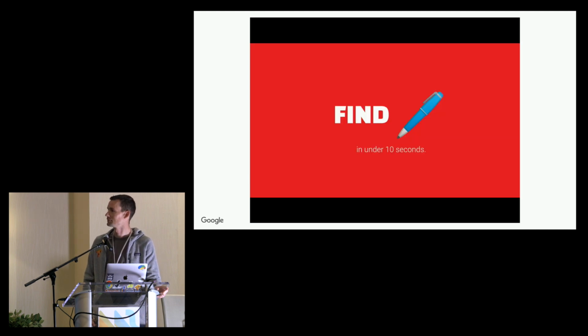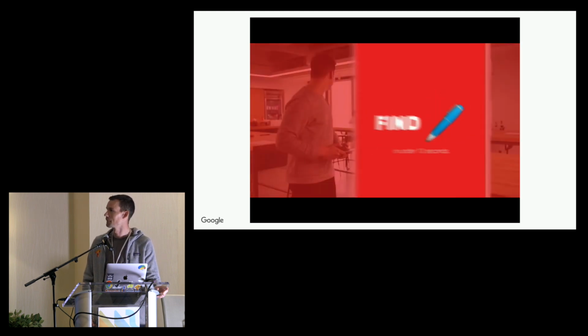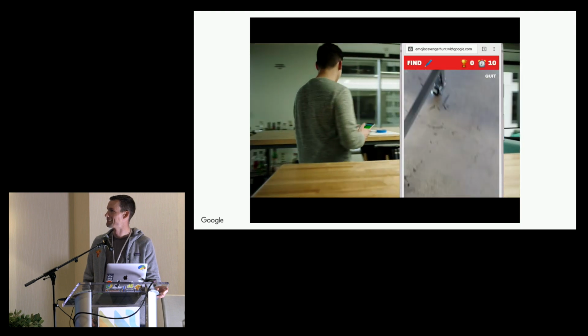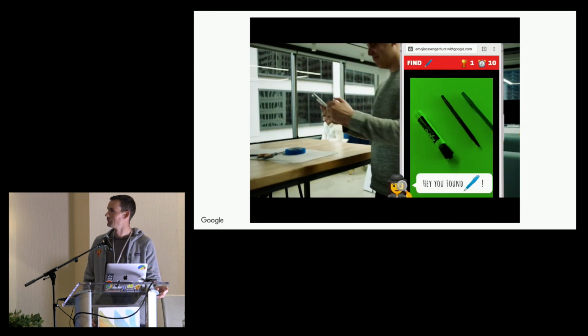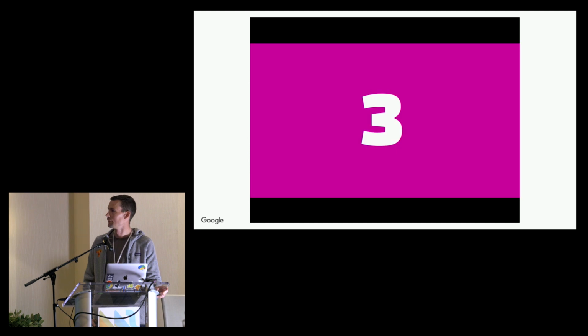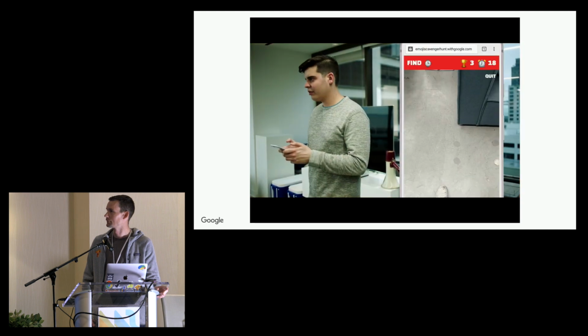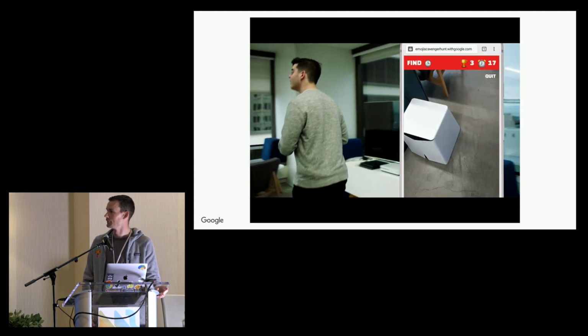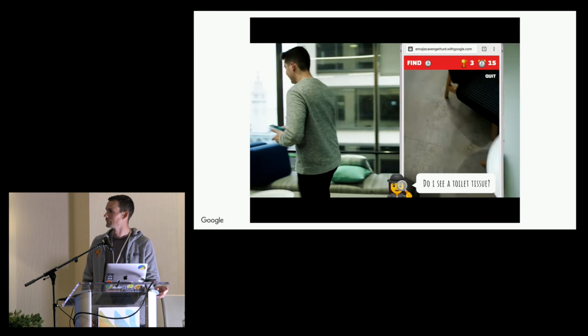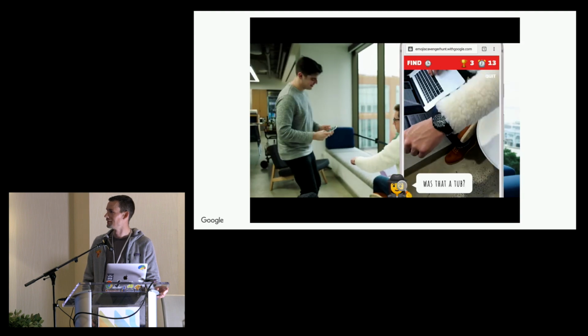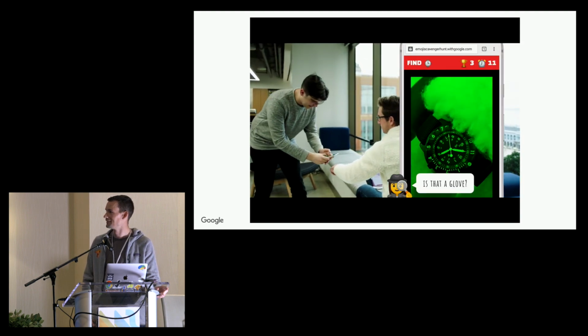We show you an emoji. Use your phone's camera to find it before the clock runs out. Hey, you found pen. Find it in time, and you advance to the next emoji. While you're searching, you'll hear our machine learning system doing its thing. Do I see a toilet tissue? Was that a tub? Is that a glove? Hey, you found watch.